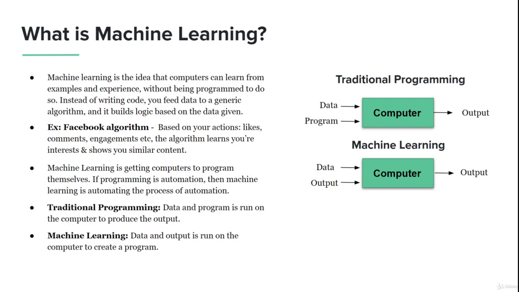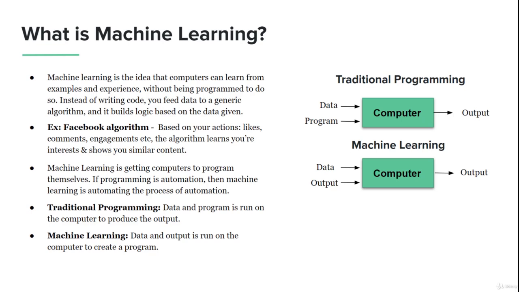And then with machine learning, data and output are run on the computer to create a program. So notice a difference there. You have the data and the output for the machine learning, and then that goes into the computer, and then you have a different output, right? So that's how you want to think about it.